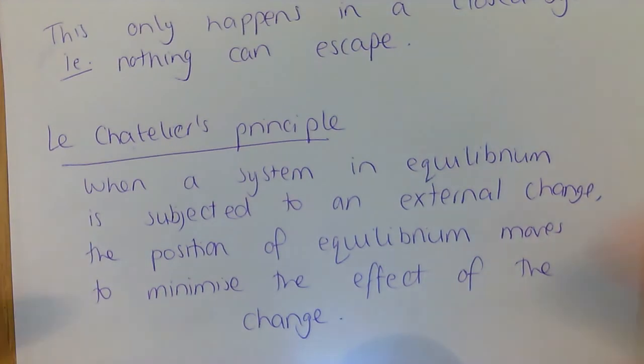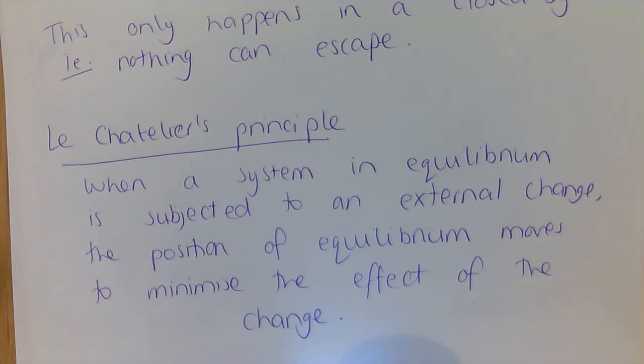And basically, I've written a posh definition here, but all Le Chatelier's principle states is that when you've got a system in equilibrium, and by system we're talking about a reaction, if you change something, like you increase the temperature, the position of the equilibrium moves to minimise that change. So if we've increased the temperature, the position of equilibrium will move to reduce the temperature. If you reduce the temperature, equilibrium will move to increase the temperature.